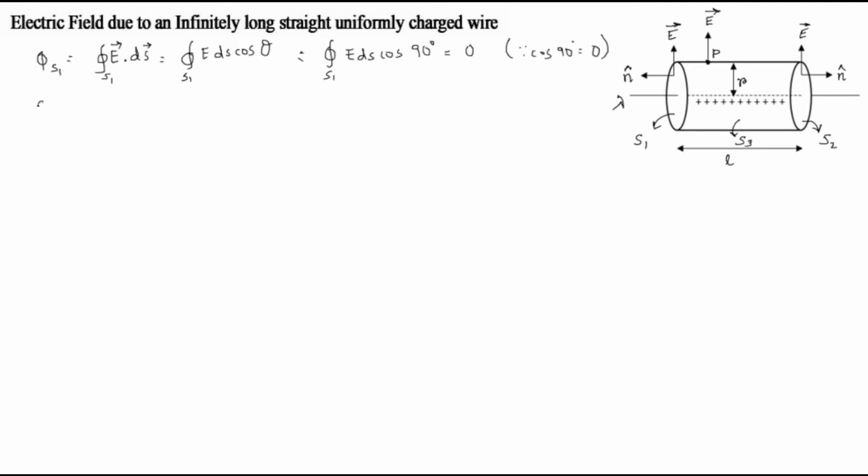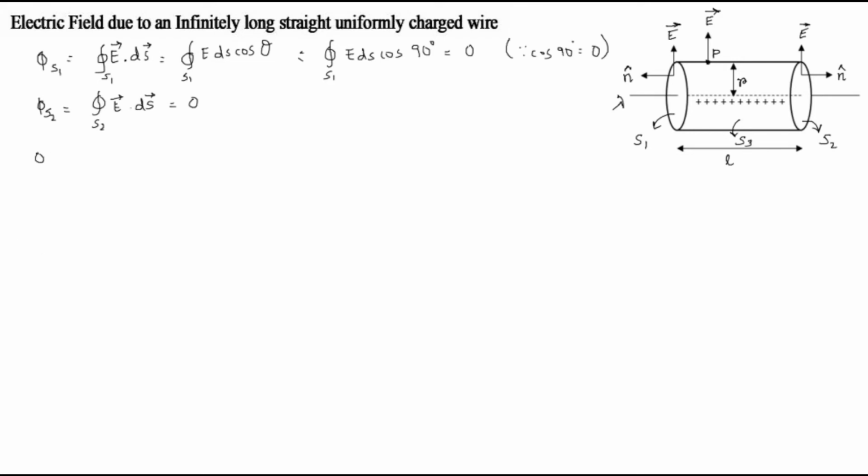Now if we calculate similarly for S2, we will get the same answer, 0. Due to S2, E dot ds is equal to 0 in the same way that we have calculated over here.